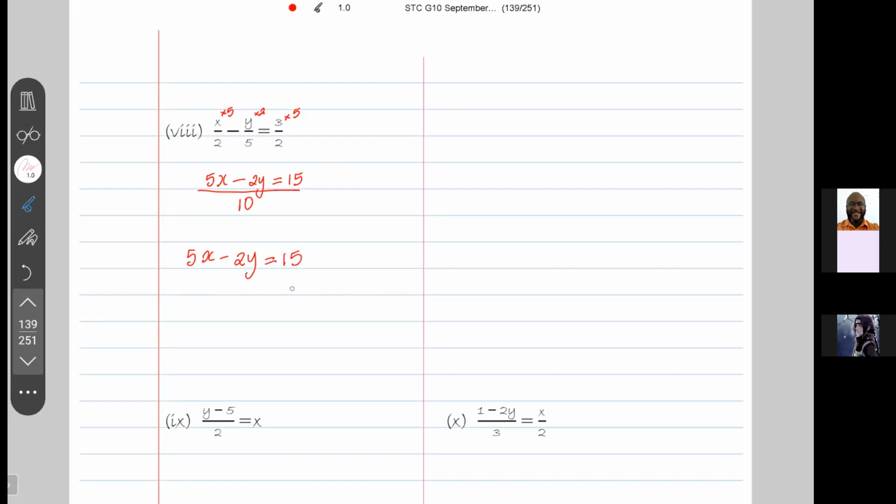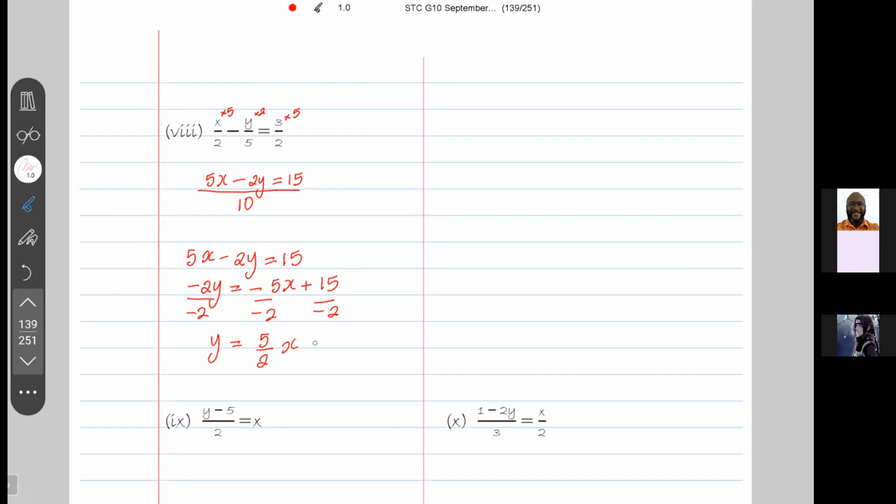I need y by itself. So we have minus 2y is equal to minus 5x plus 15. Divide the entire equation by minus 2. So y is equal to 5 over 2x, because a negative divided by a negative is a positive.